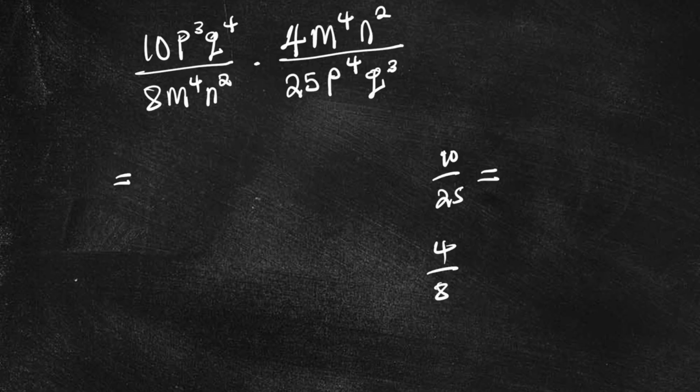The highest common factor of 10 and 25 is 5. So 5 into 10 is 2 times, 5 into 25 is 5 times. Then 4 into 4 is 1, and 4 into 8 is 2.